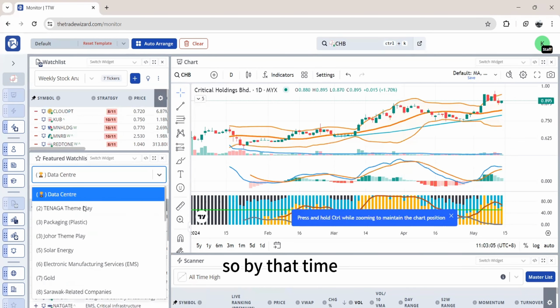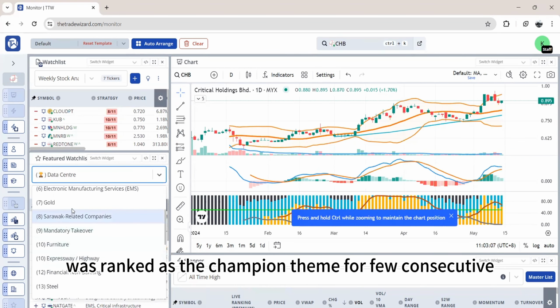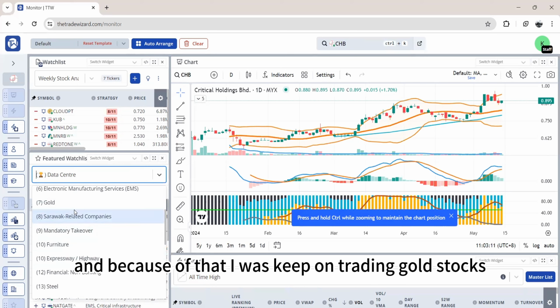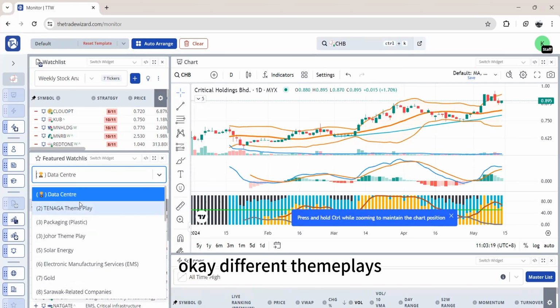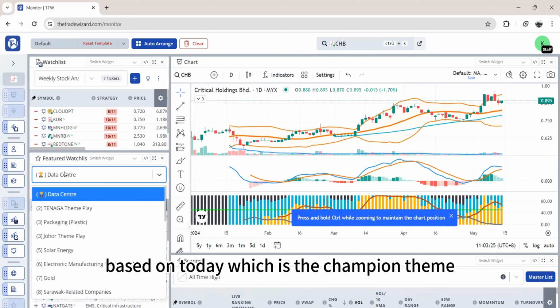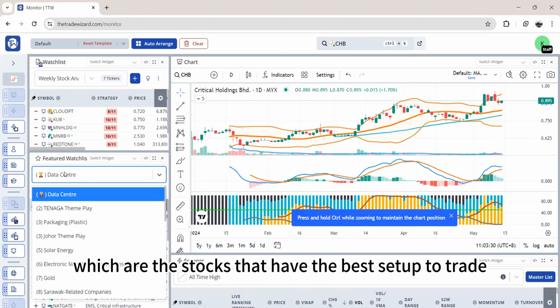By that time, gold was ranked as the champion theme for a few consecutive days, and because of that, I kept on trading gold stocks during that period. So every single day, the market will have a different theme play. Using our feature watch list, you are able to identify which is today's champion theme, and from the champion theme, you are able to select which stocks have the best setup to trade.